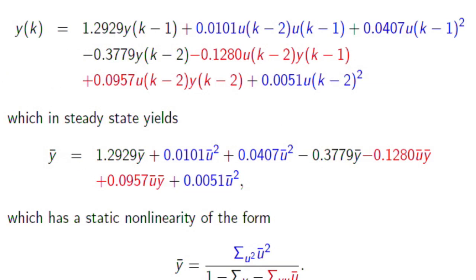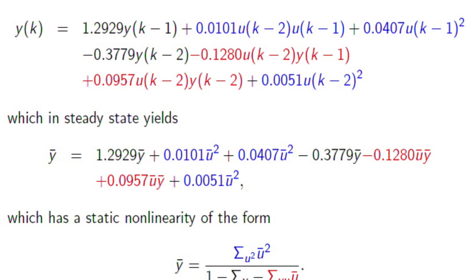So I'll show you models. Here we have a black box model. The colors relate to the term clusters. So in black, we have the linear output cluster, the Y cluster. In blue, the U squared cluster, and in red, the UY cluster, okay?